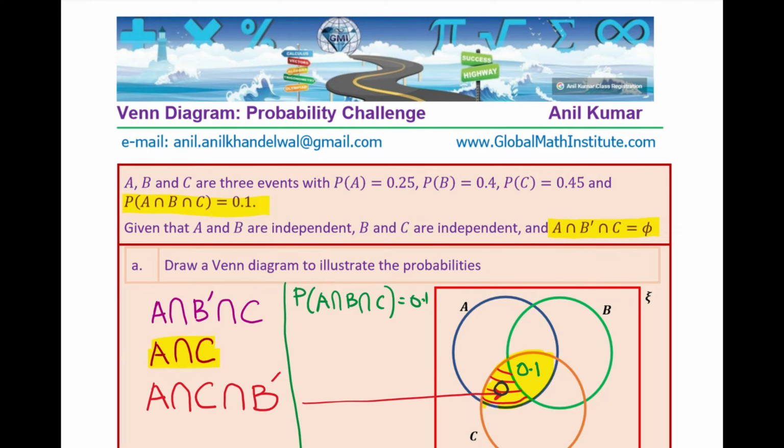So we know that A intersection B intersection C is 0.1. Now from here, we can get to the other common intersections between the events.